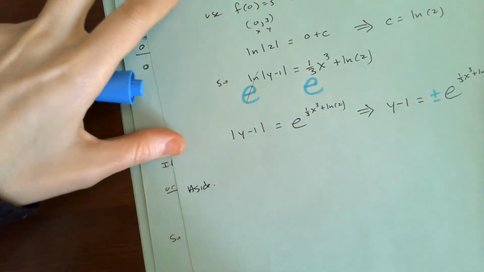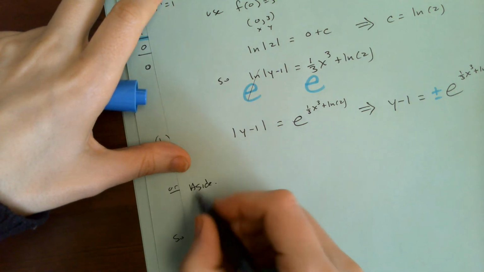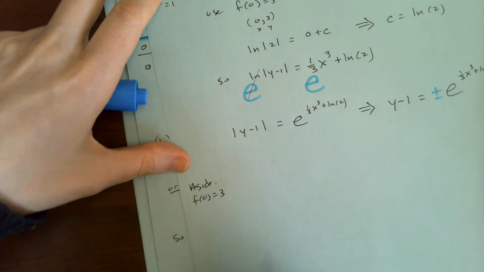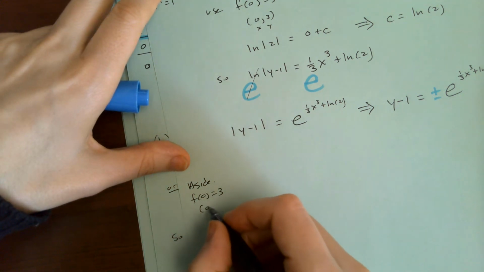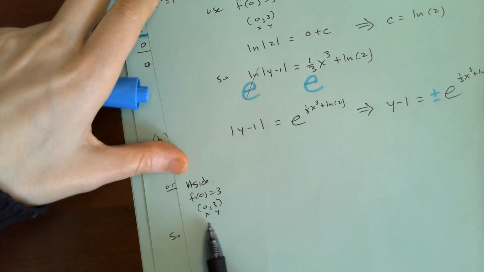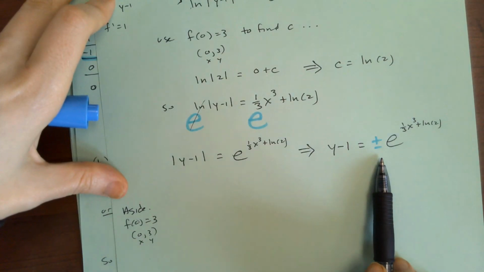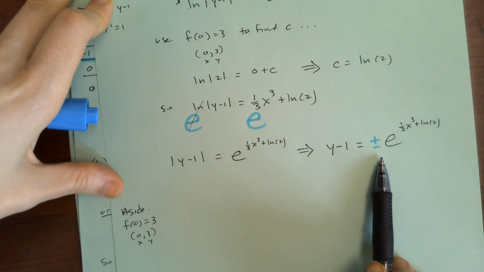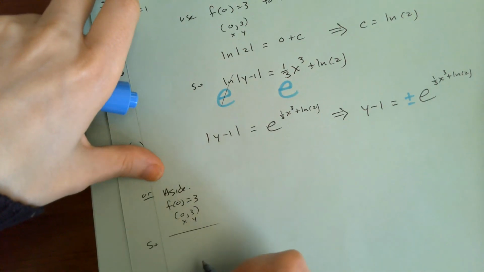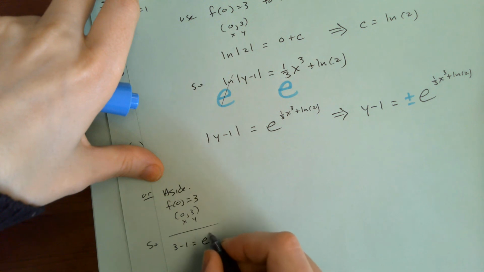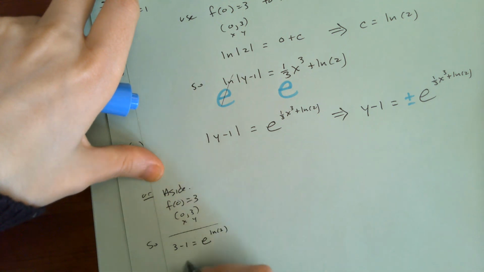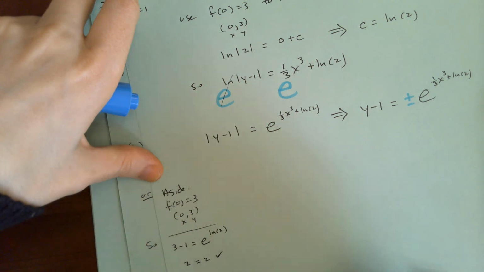So aside, we want f of 0 equal to 3. When we plug in this x, we need that y. We're going to figure out if it's the plus or the minus one. So 3 minus 1 equals e to the natural log of 2. 2 equals 2, check.